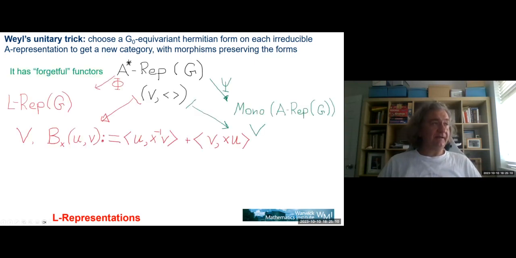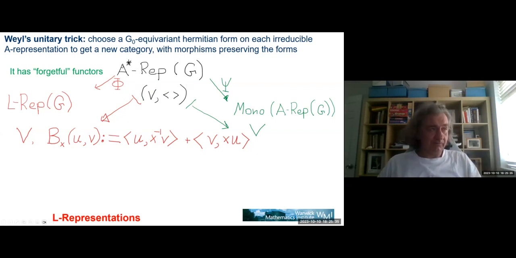And the key observation is that this A star rep, so these are antilinear representations with a form, and the maps for which the form is preserved, would have two forgetful functors. This is kind of a funny category. It's not as funny in topology. It's actually a very important category.